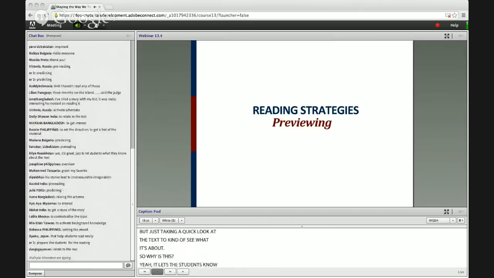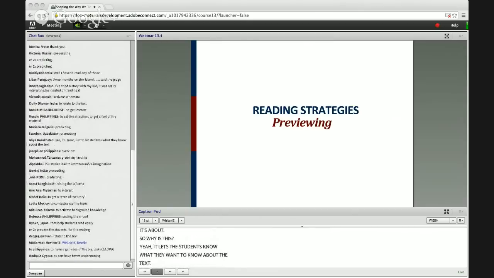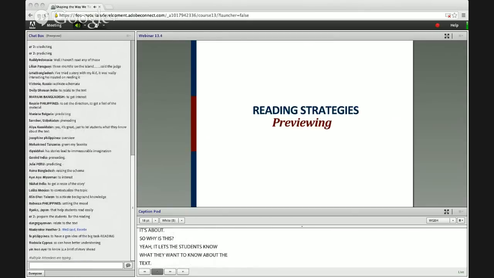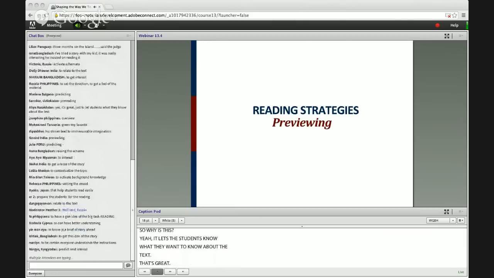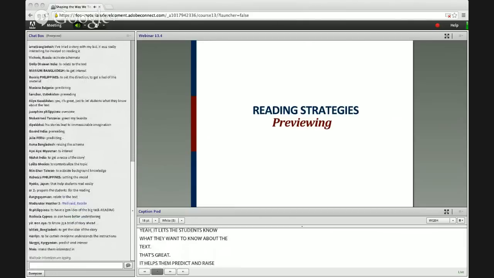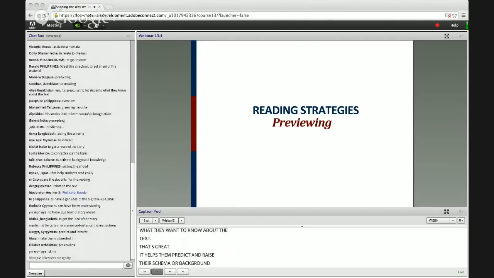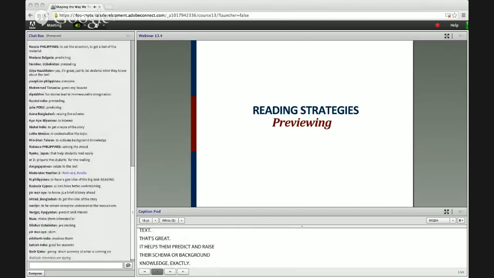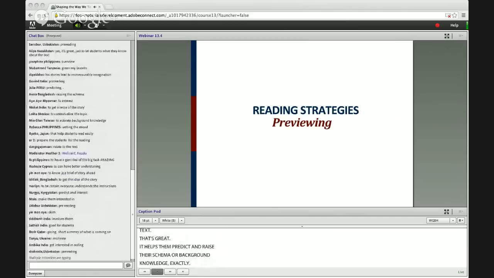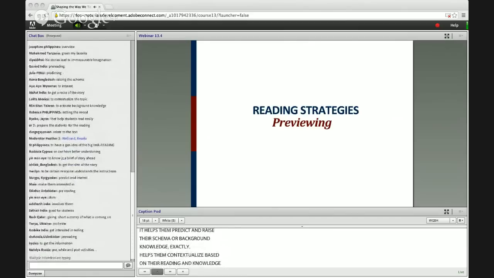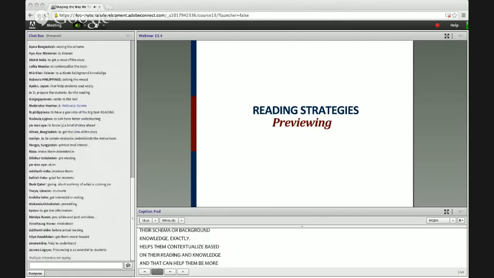It helps them predict and raise their schema, or their background knowledge. Exactly. Good. It helps them contextualize the topic maybe based on their own experience or prior knowledge, and that can help them be more active readers when they actually begin reading the story. It might also be a way for them to decide if they want to read it or not. Good. So some of you are touching on that as well.